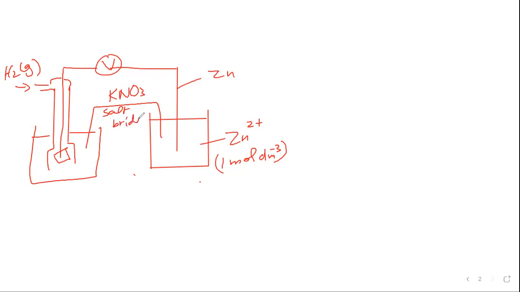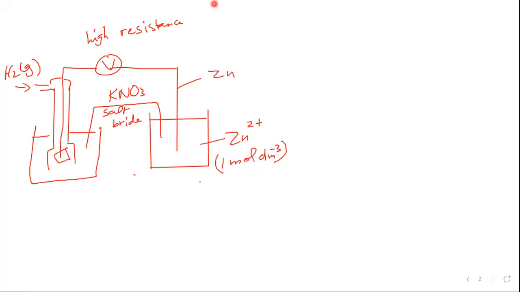And in that case, as I told you, the voltmeter has a high resistance in order not to allow electrons to pass through the circuit, because we only want to measure the standard electrode potential of this zinc ions electrode. So the reading that we get here is that of the standard electrode potential of the zinc ions electrode.